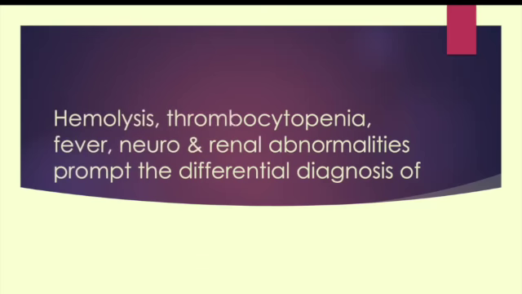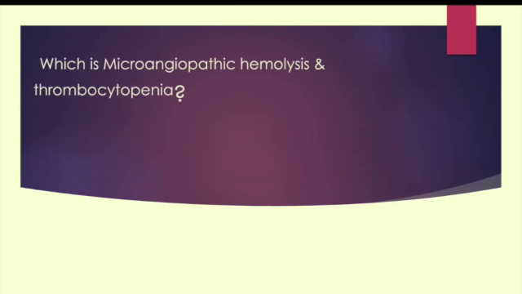If you had hemolysis, thrombocytopenia, fever, and neuro and renal abnormalities, prompting the differential diagnosis of, that would be TTP? Yes. TTP has the neuro and the fever. Which one has microangiopathic hemolysis and thrombocytopenia?